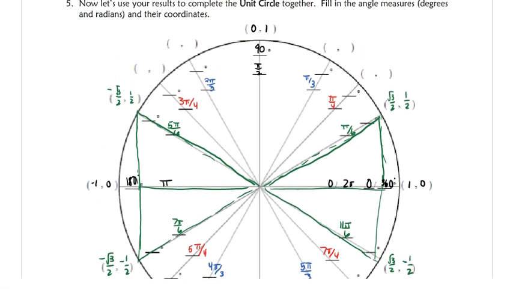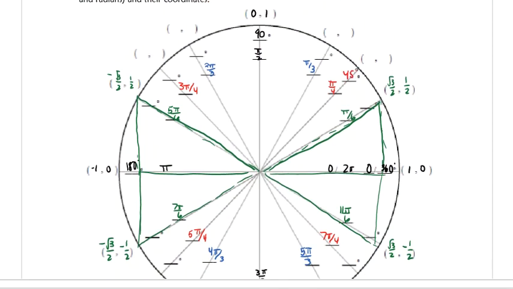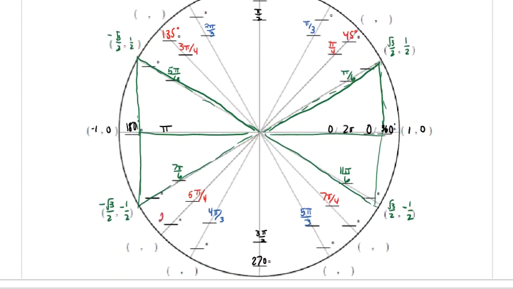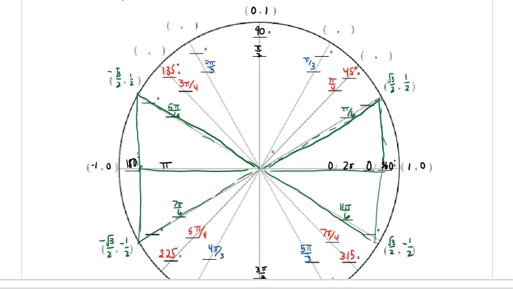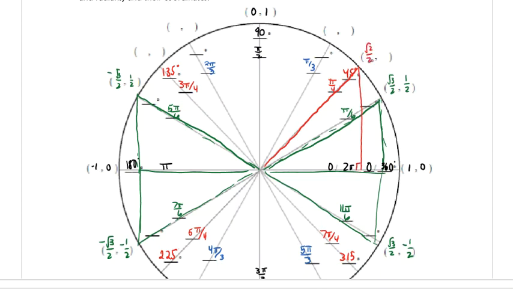Now we'll do the 45s. So this is 45 degrees. This is 135 degrees. This is 225 degrees and 315 degrees. So these coordinates correspond to that 45, 45, 90 triangle. So this is root 2 over 2 and root 2 over 2. I have the same coordinate points because this red triangle over here is the exact same triangle, just mirror image.